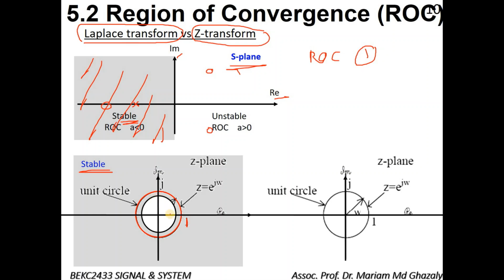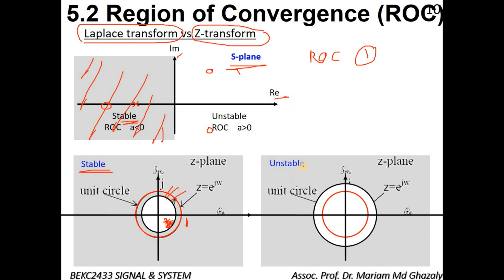Okay, so I have a signal, the area of which is, for example, 2 over 3, more than 2 over 3. If I plot this one, the gray area actually includes the unit circle. So it means that the system is stable.